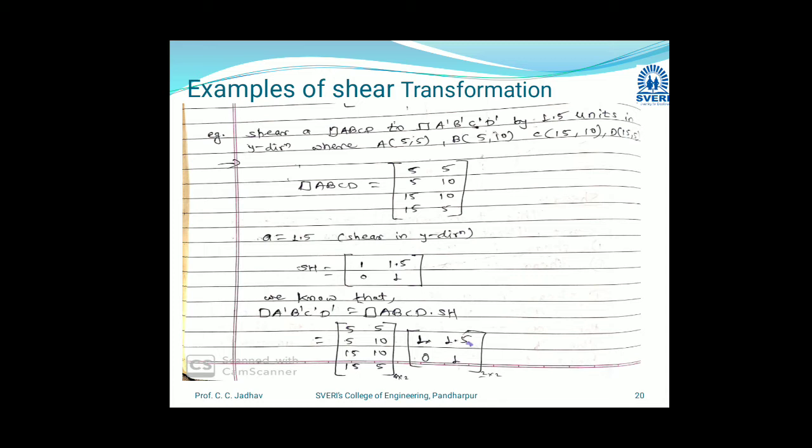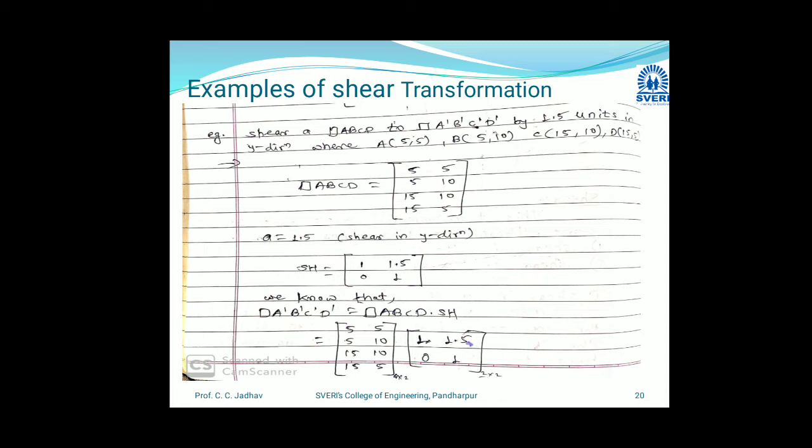First of all, try to understand which type of shear the question is about. In this question they have mentioned y direction, so we have to follow the formula of shear in y direction, that is capital SH equal to [1 a; 0 1]. They have given the value of a, that is 1.5 units in y direction, so small a is equal to 1.5.